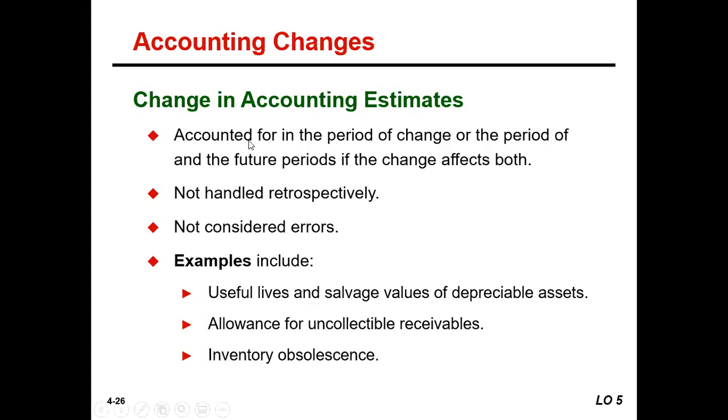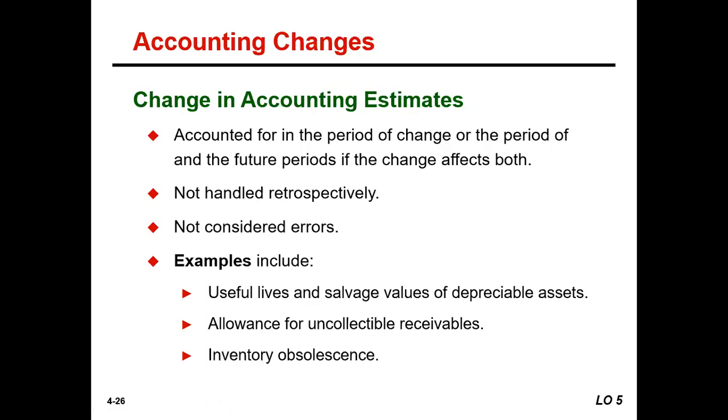And that's what it's showing here. Accounted for in the period of the change, or the period of the change and future periods if the change affects both. Not handled retrospectively. We don't have to go back, and it's not considered an error. We just simply need to make the adjustment. If we expected the asset to have a useful life of 5 years, and now it's only going to have a useful life of 4 years, we need to record more depreciation.